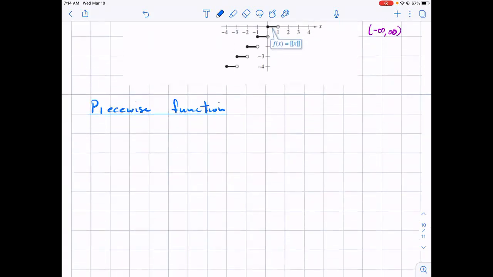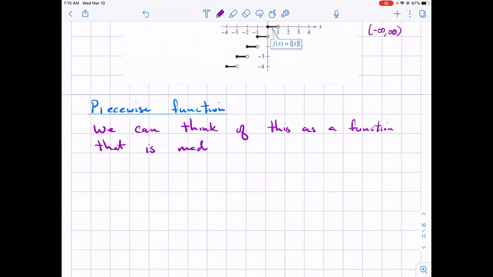So we can think of this as a function that is made up of various parts, or various parts slash pieces, of different graphs.